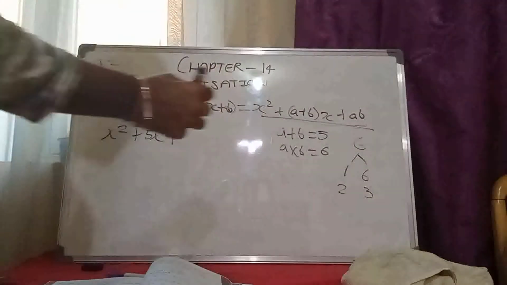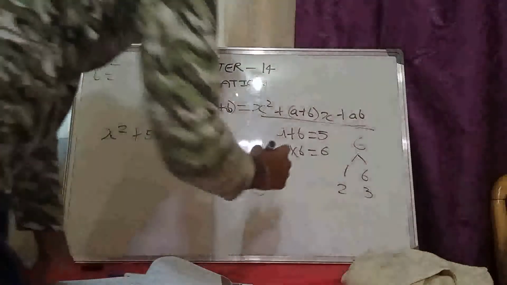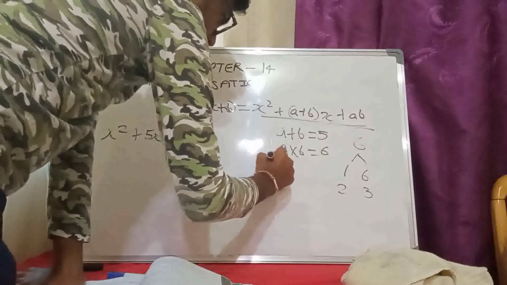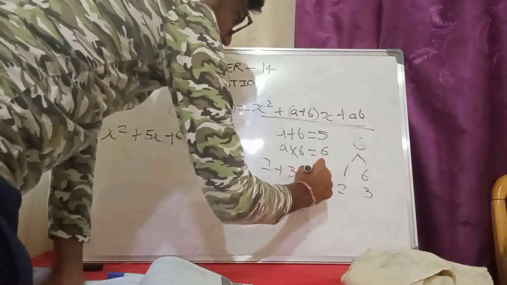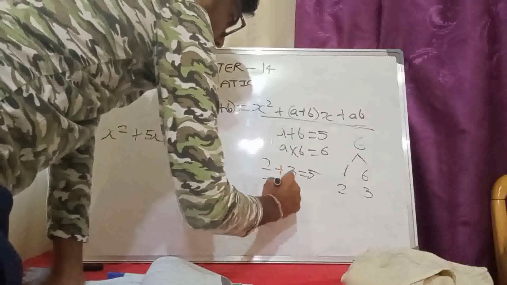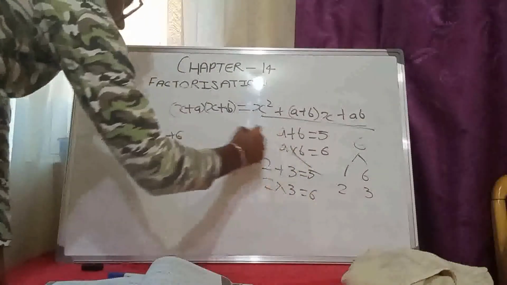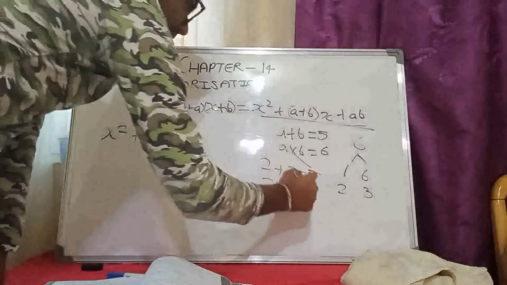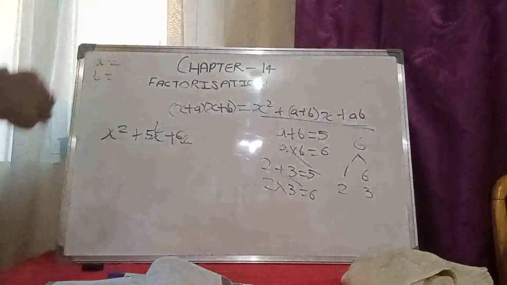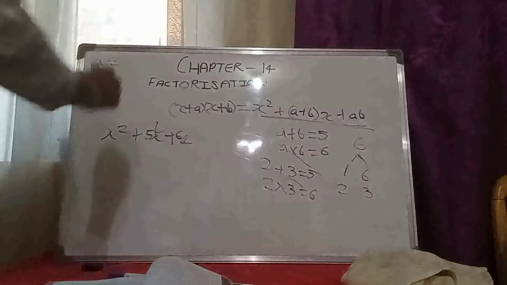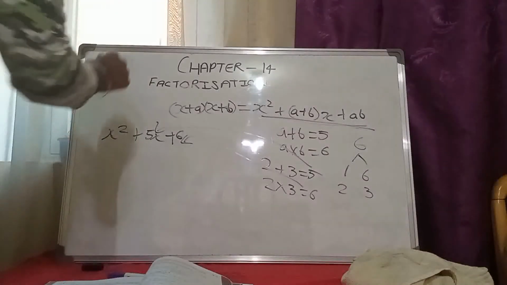If a equals 2 and b equals 3, let's try it out. 2 plus 3 equals 5 and 2 into 3 equals 6. It satisfies the problem. We get 5 here and we get 6 here. So we can see here that 2 and 3 are the factors a and b.